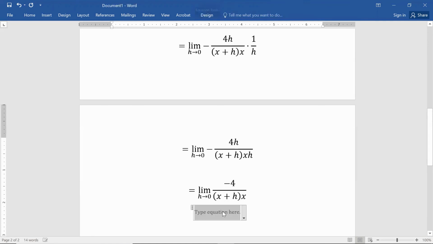Notice if I just plug in a 0 into my denominator, I end up with negative 4 over x plus 0 times x, or in other words, negative 4 over x squared. And so if my function we called r, then my derivative of r is negative 4 divided by x squared. And now I can find derivatives no matter what the value of x happens to be.